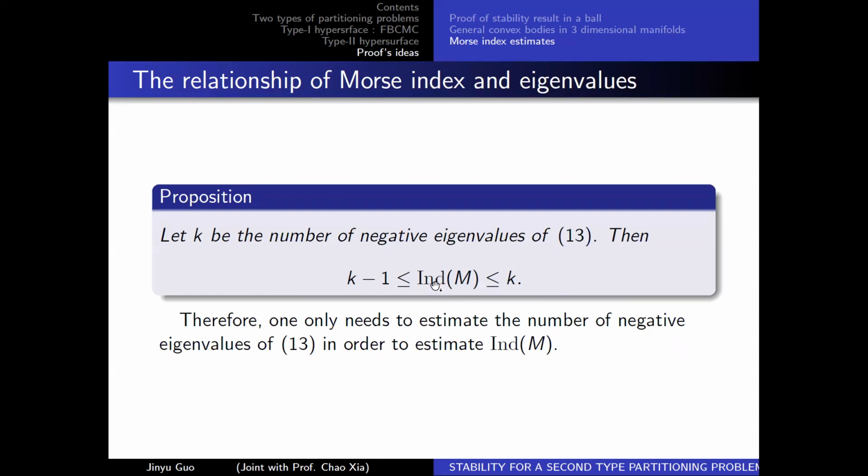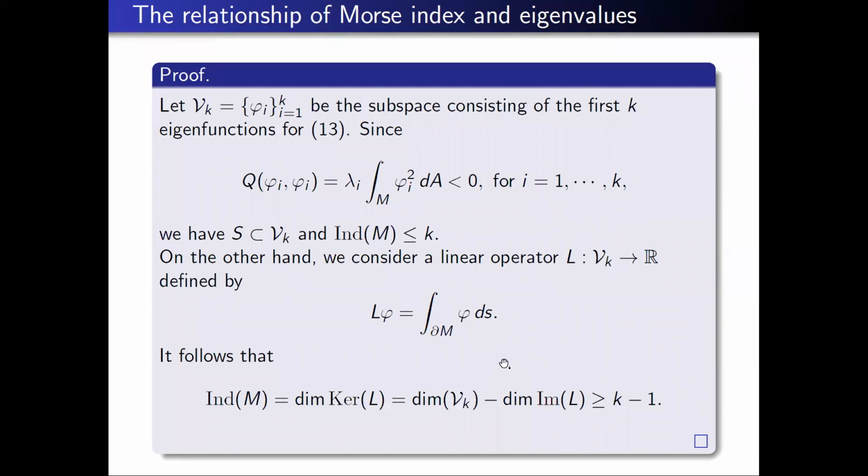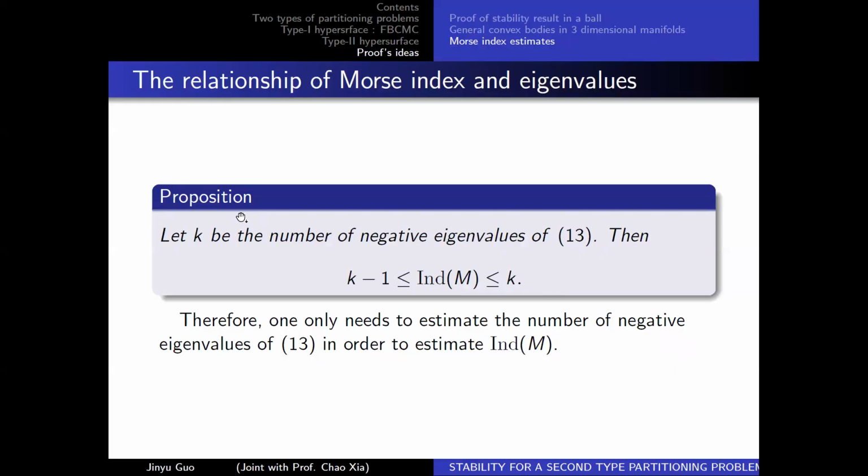That means the Morse index has a lower bound and an upper bound in terms of k. Therefore, we only need to estimate the number of negative eigenvalues of 13 in order to estimate the index of M. Now we give the proposition's proof.